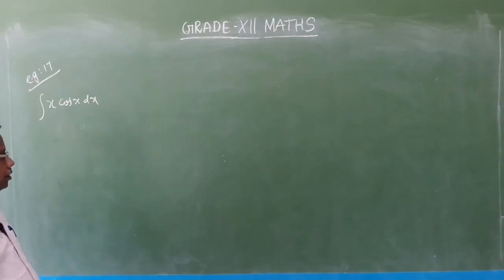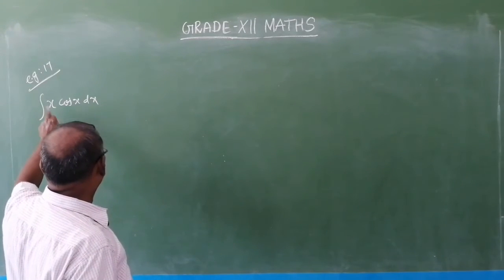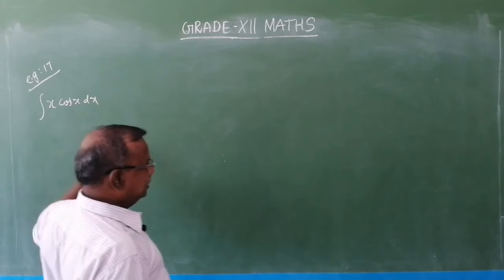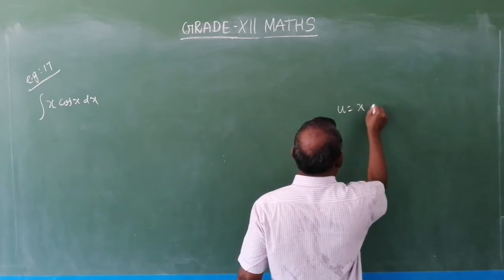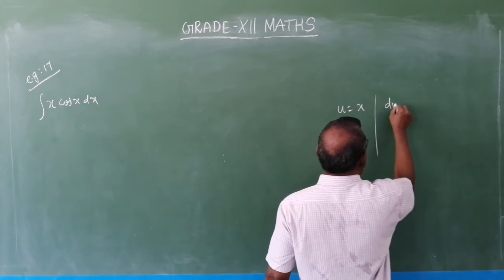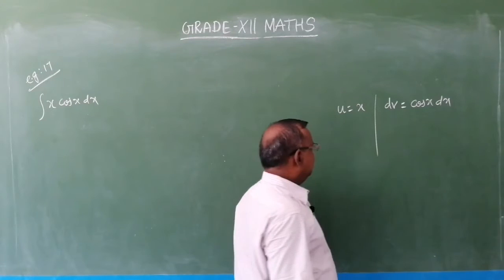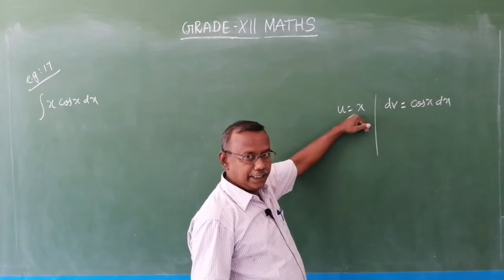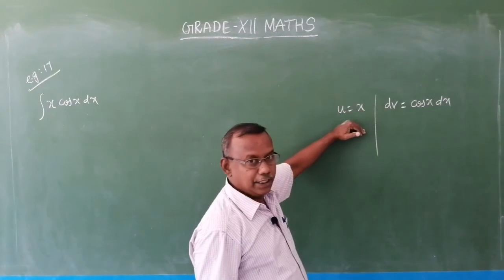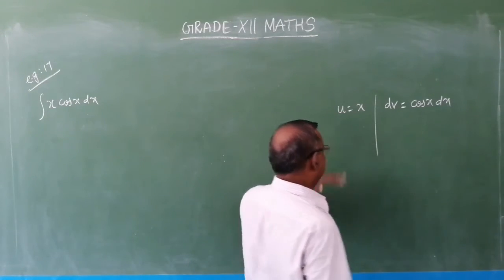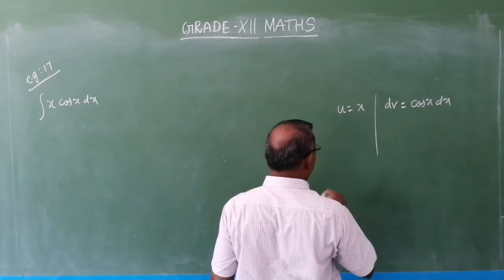Now generally take u as x or x power n, and dv as cos x dx. Let u equal x and dv equal cos x dx, because when we differentiate, the power will diminish and easily reach the isolated one stage. So for this reason, let us take u as x.